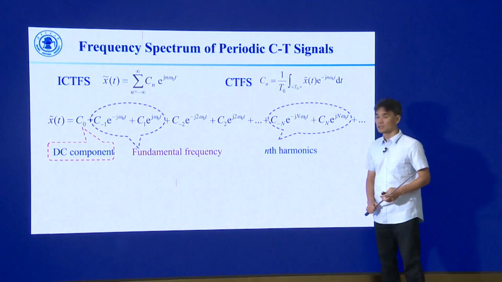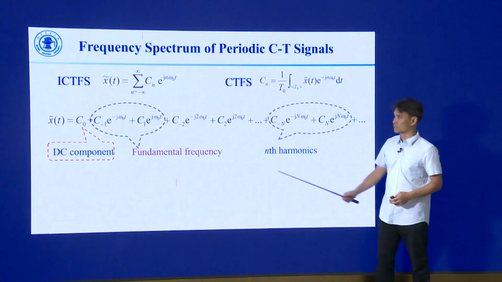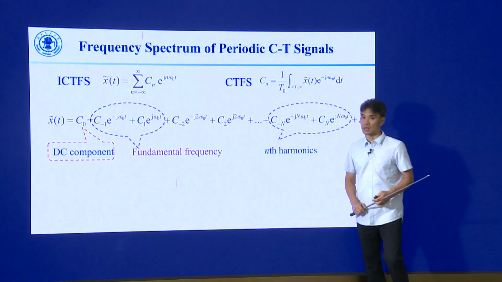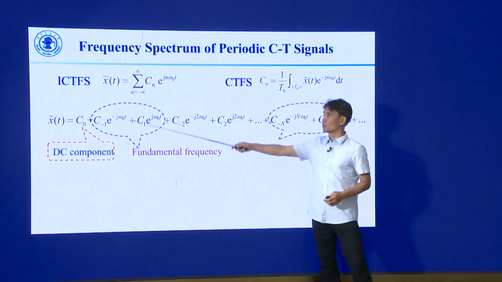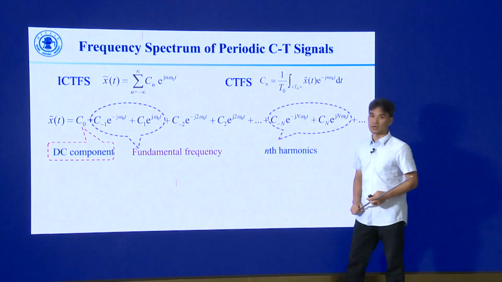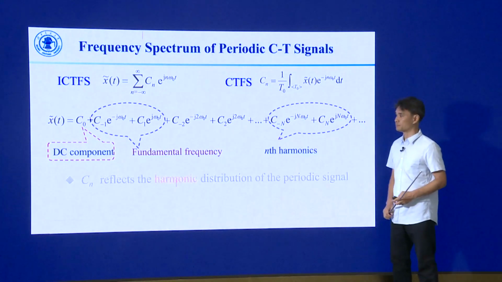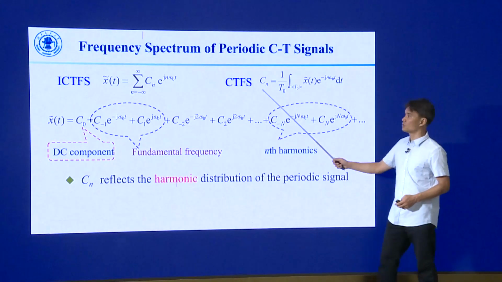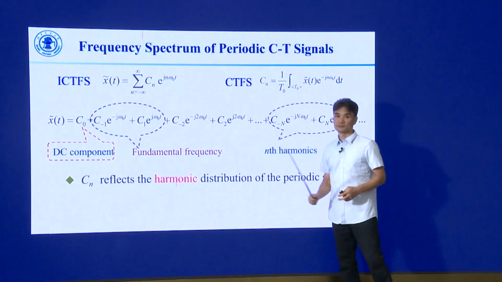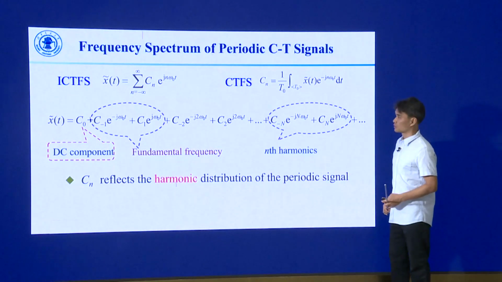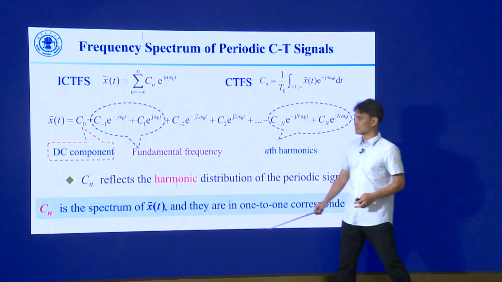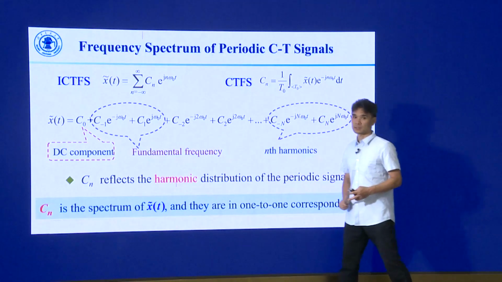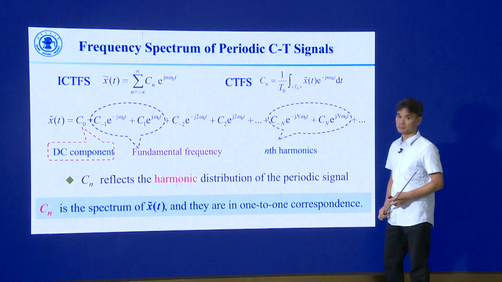called nth harmonics. So these are all the different harmonics, and the summation of all the harmonics and the DC component will become the original periodic signal in the time domain. And the c sub n, which we introduced as the coefficients in the Fourier series, is actually defined as the spectrum of the original signal x of t in the time domain.